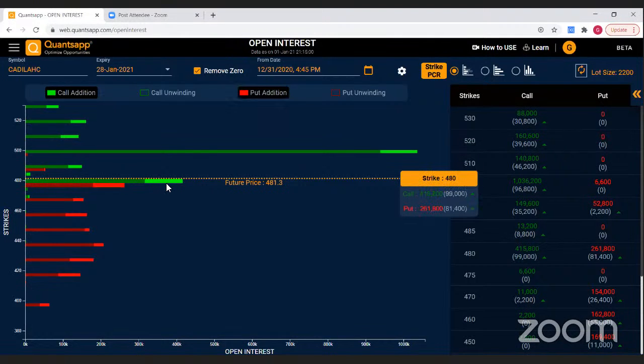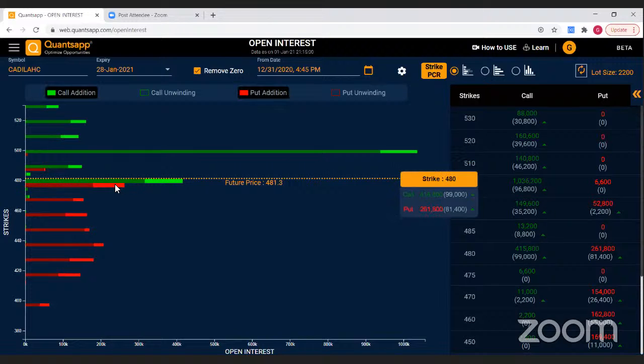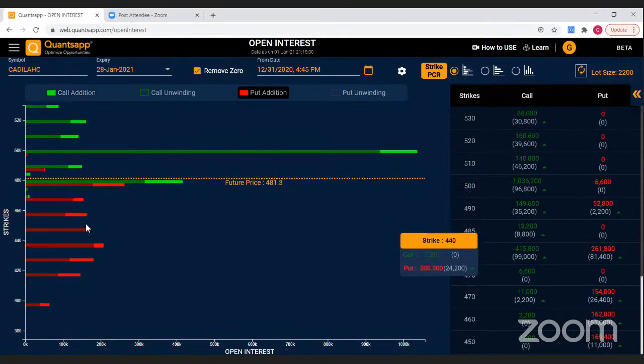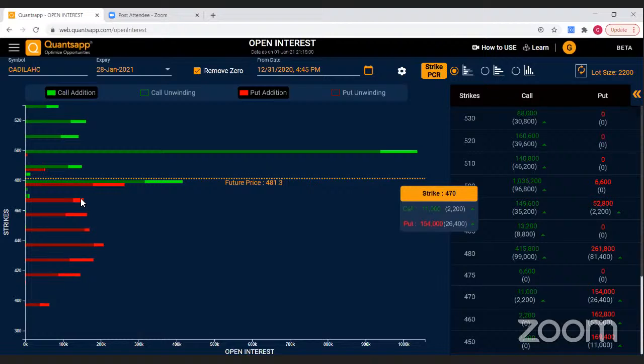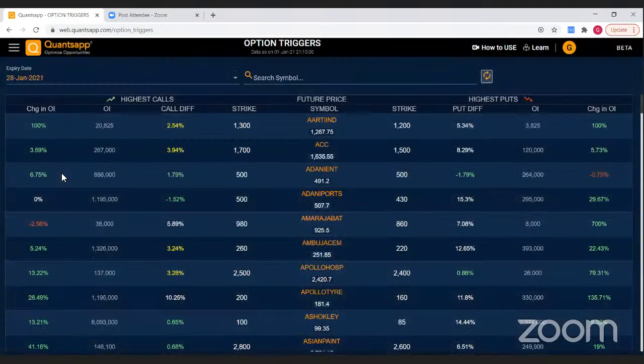This is one of the new features we have introduced, where you can see how the call and the put have changed at a particular strike. I can see a huge build-up for the highest call option, and from the lower side there's more of an increase in the put option. This is the place where you can analyze the different stocks where the movements are happening.